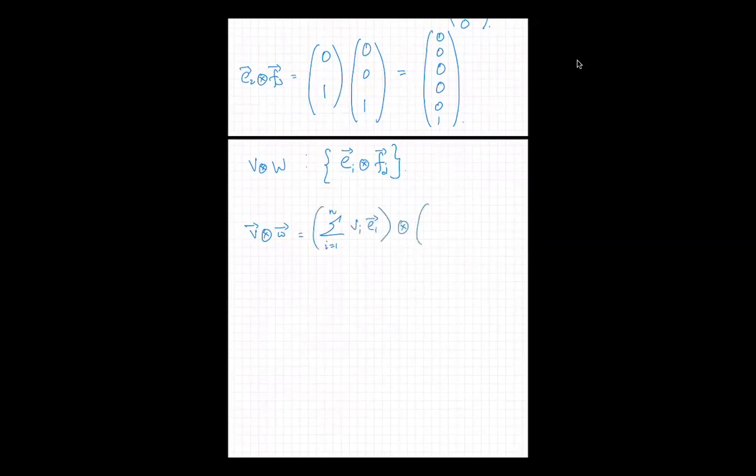Direct product, for example, the sum from j equals 1 to m of Wj Fj, right? So Vi and Wj are numbers, which are components, and Ei and Fj are vectors. So I can write this as the sum over i equals 1 to n, j equals 1 to m, of Vi Wj times the direct product of the basis vectors.